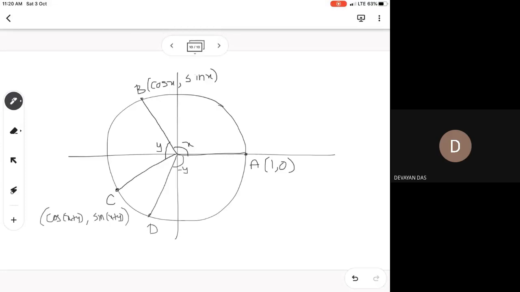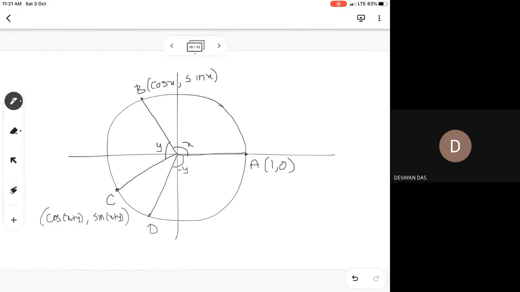So the representation will be negative, but the measure of this angle, from here to here, is y plus angle COD, and the measure of this angle is the same. So both have equal measure. Most of the students will say, sir, this is plus y, this is minus y. Minus y is the representation to show it is in a clockwise direction, a negative angle. Okay, so remember that.